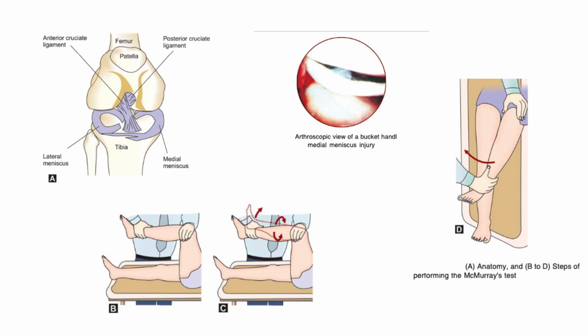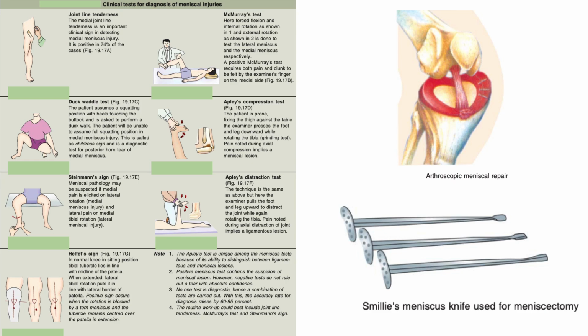These are different diagnostic tests used to assess the pain and diagnose a meniscal injury. As I mentioned, we'll be discussing the diagnostic tests of meniscal injuries, but before that, I'd like to discuss the treatment options.